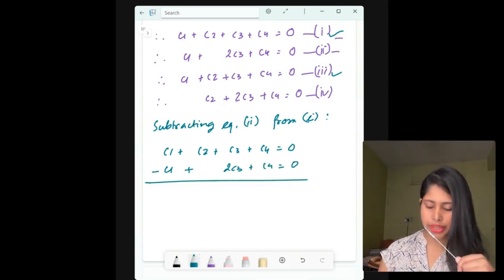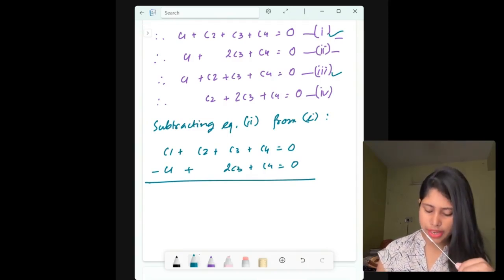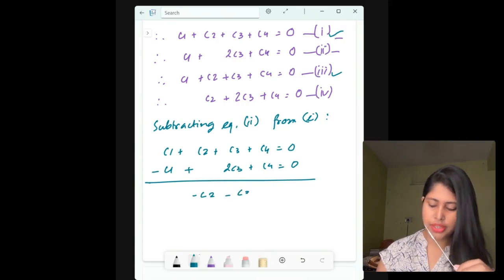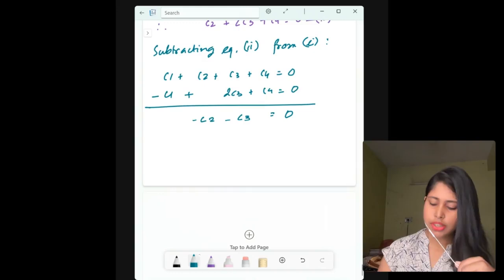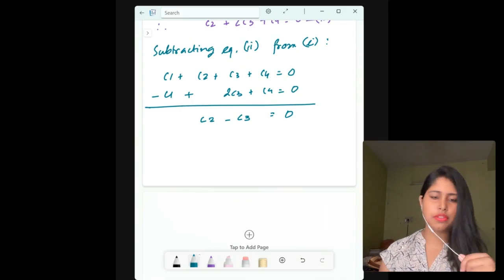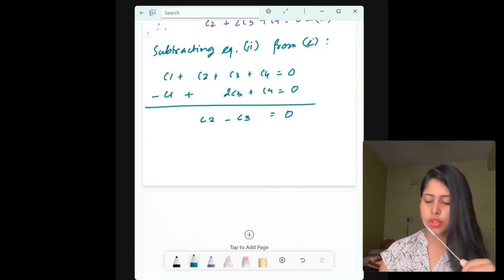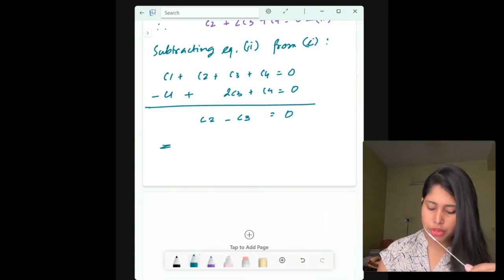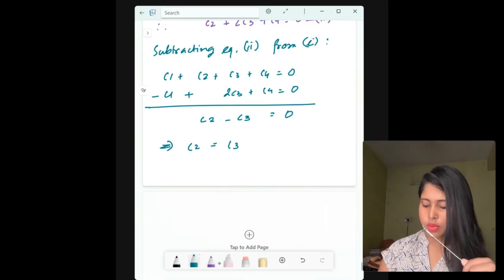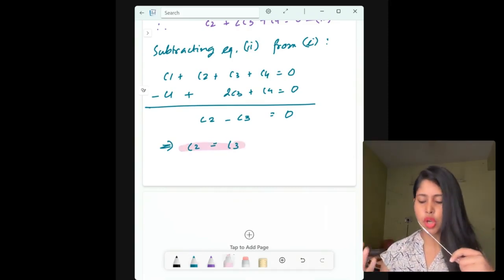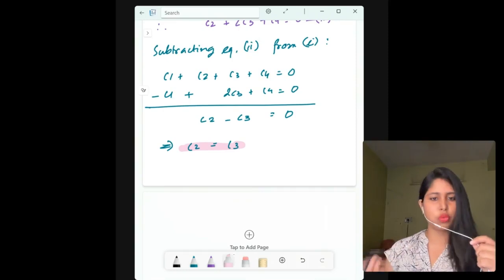C1 and C1 get cancelled, and we get C2 minus C3, and C4 and C4 also get cancelled. Here it will not be minus C2, it will be C2 only, because C2 minus 0 is C2. So C2 minus C3 is equal to 0. From here we get the relation C2 is equal to C3, one of the relations between C2 and C3.